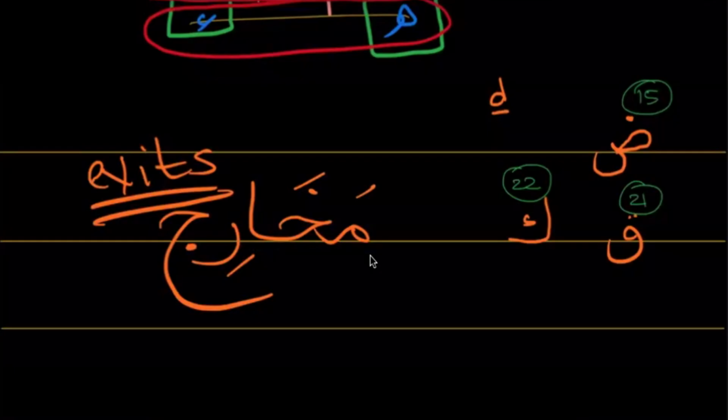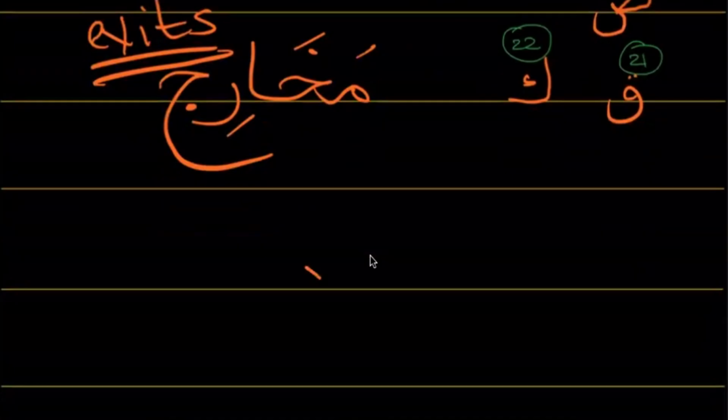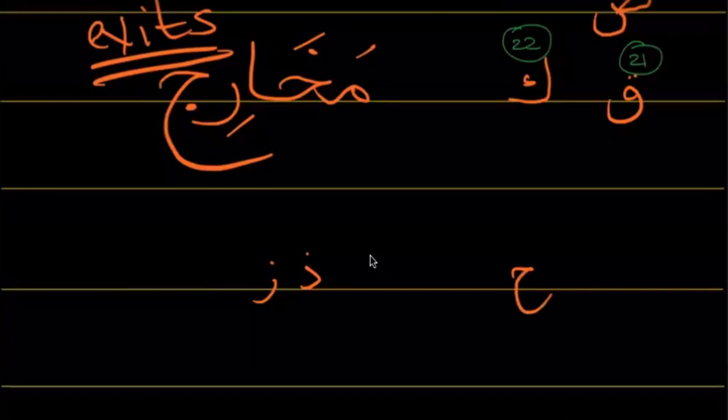If we want to look at the attributes of the letters, then they have different families. Then when we look at the attributes of the letters, we're going to be able to say Zal and Zay are related because both of them obstruct the air to a degree. And we would be able to say that Ha and Ha are related because they have similar attributes.